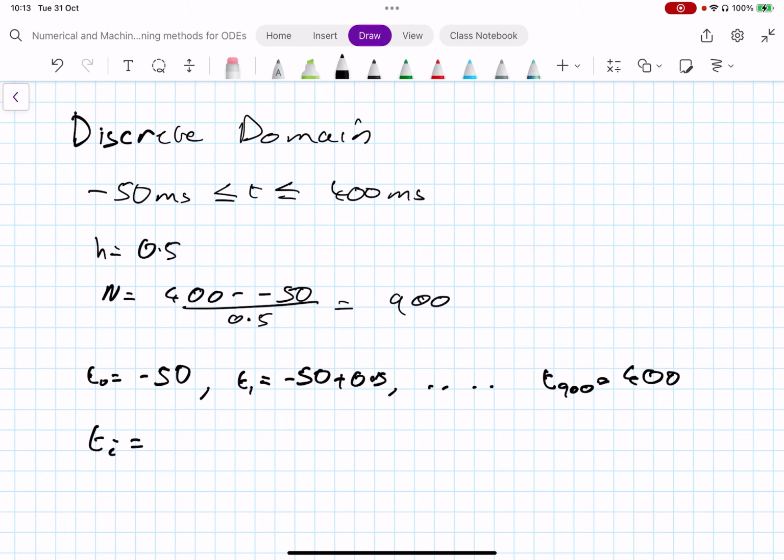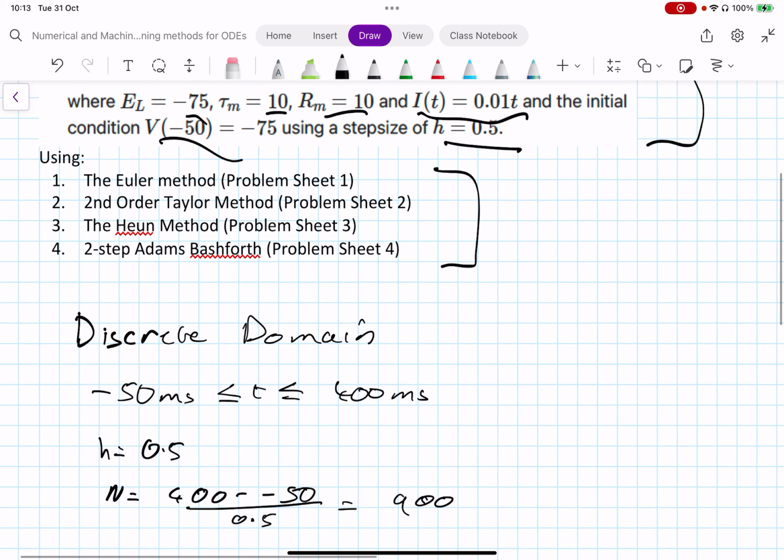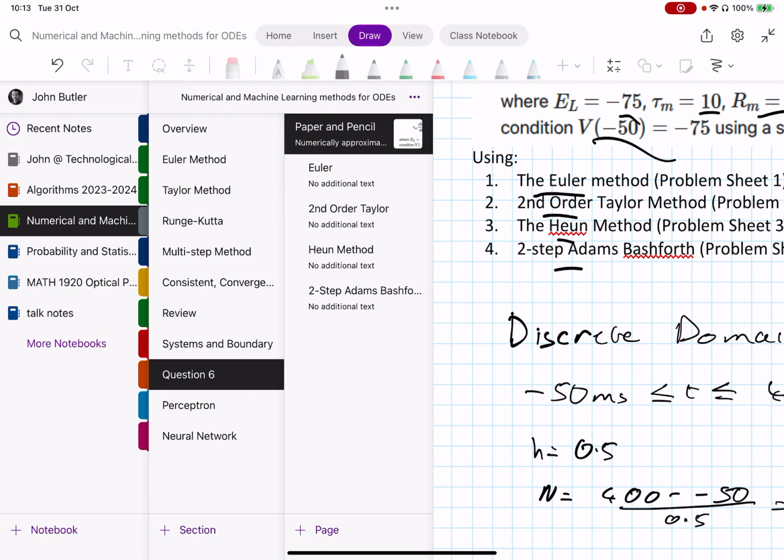Or generalizable, ti is equal to minus 50 plus 0.5 times i, for i equal 0 to 900. And so now we have the discrete domain that we'll use for all 4 methods.